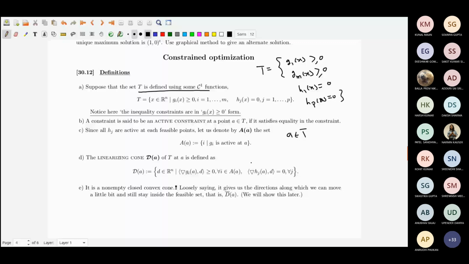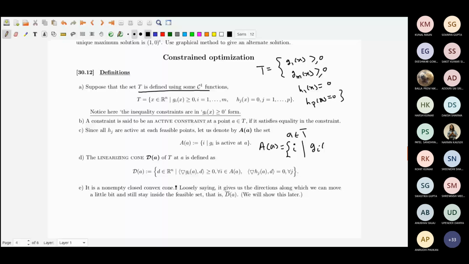But out of the inequality constraints, how many and which of them satisfy the equality? Whoever satisfy the equality, they are called active. So they are called active constraints. So these are the indices of those Gi's such that Gi(A) is equal to 0, i running from 1 to m.